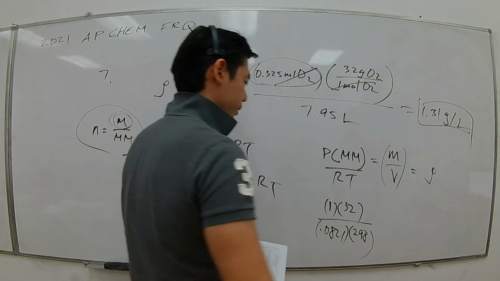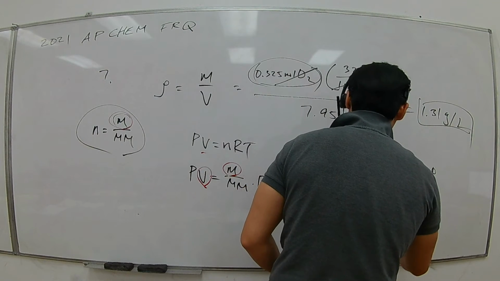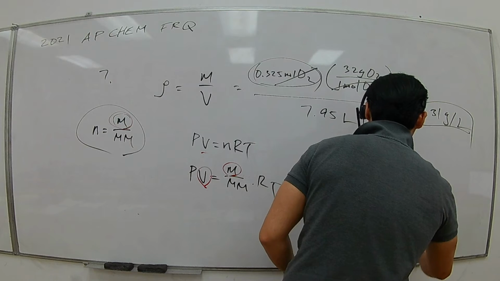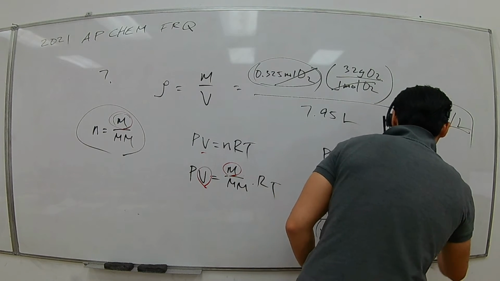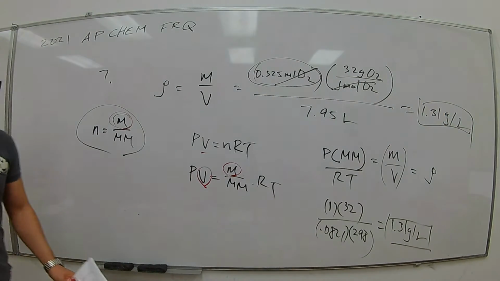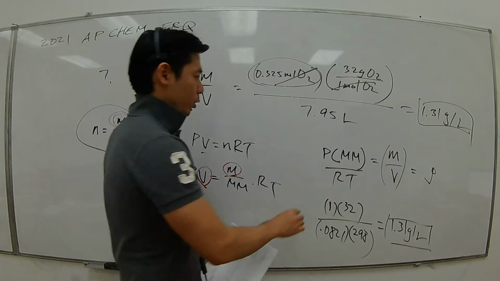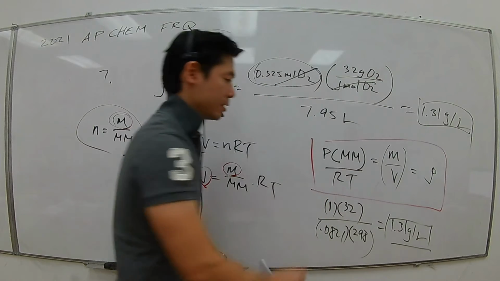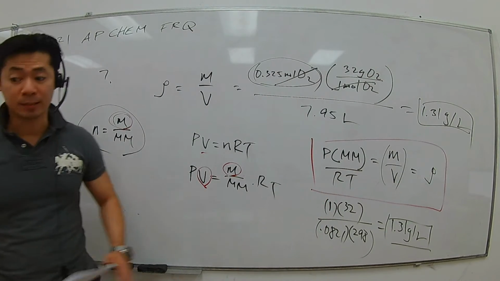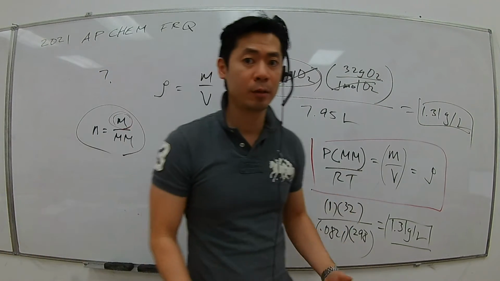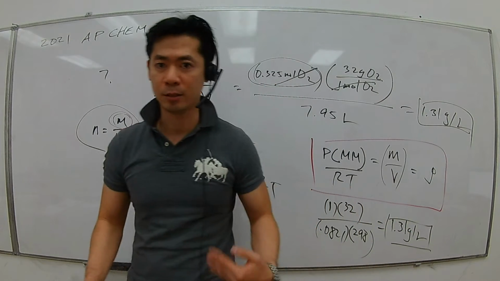If you solve this, the density is the same answer, 1.31 grams per liter. I always teach my students to make sure they know how to get this equation for the ideal gas density, and this equation will help you understand how to solve part B and C and such.